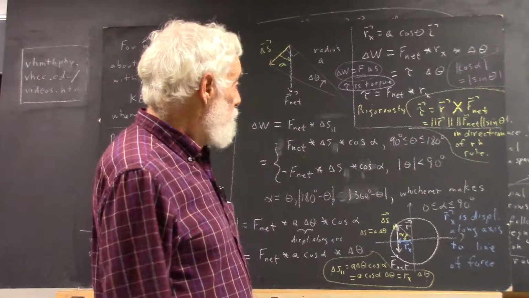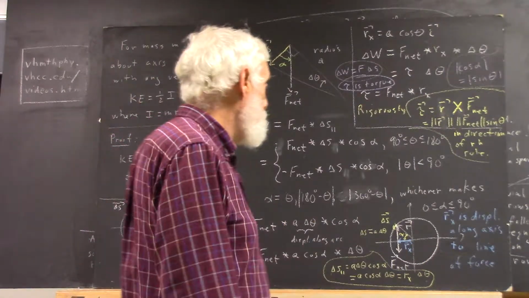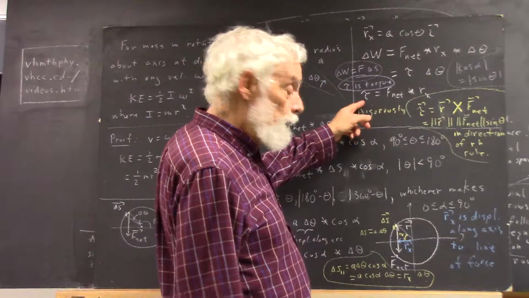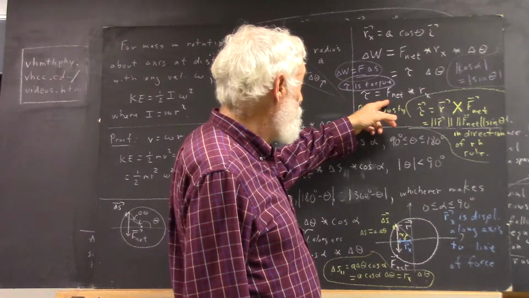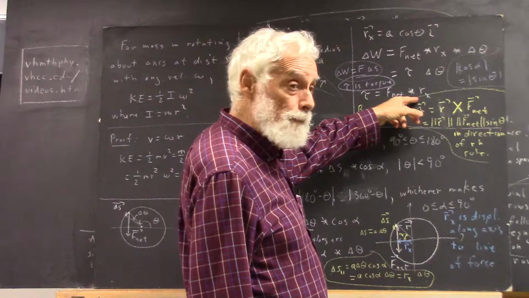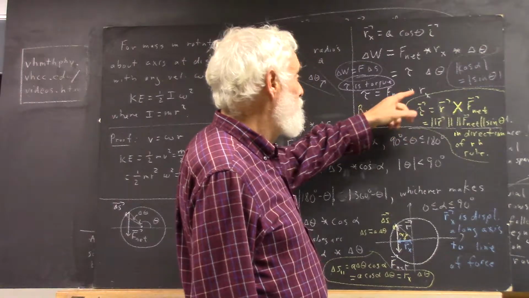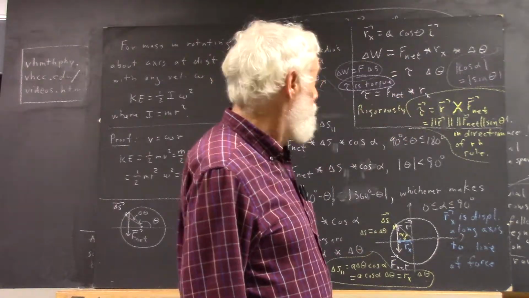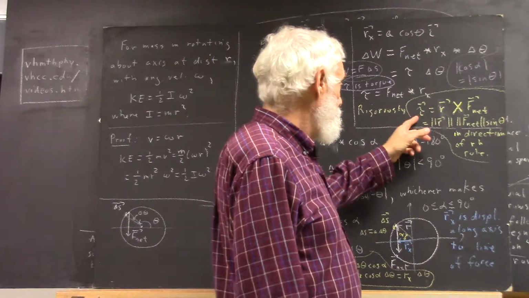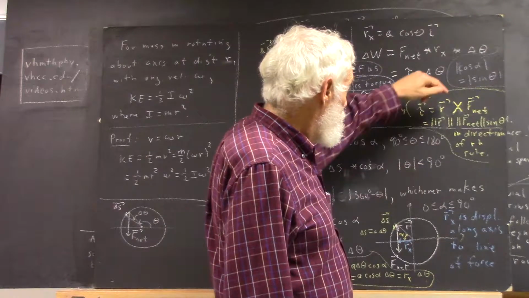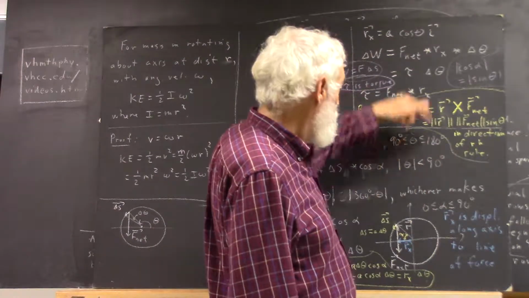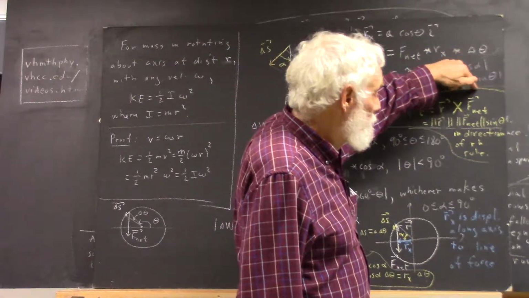And then even more rigorously, we can define the vector torque in terms of the net force and the Rx, okay? And that becomes what we call a cross product, and we end up with the torque is the cross product of your R vector times the net force.